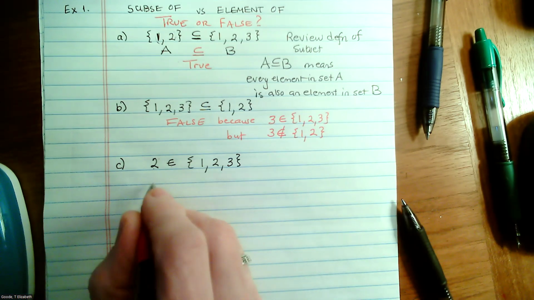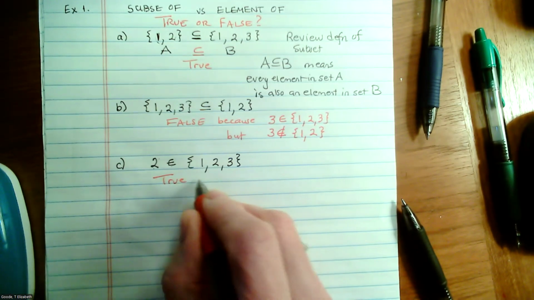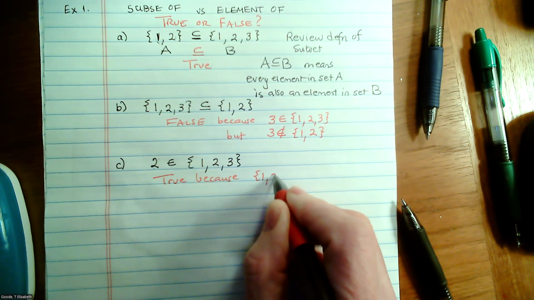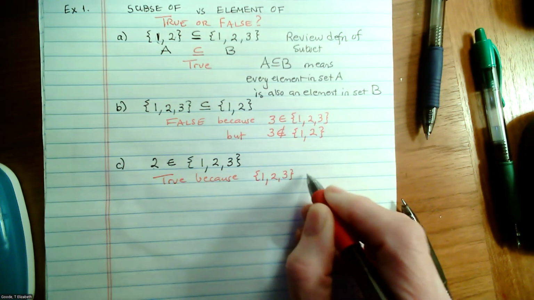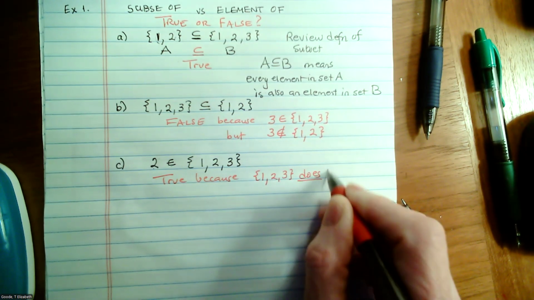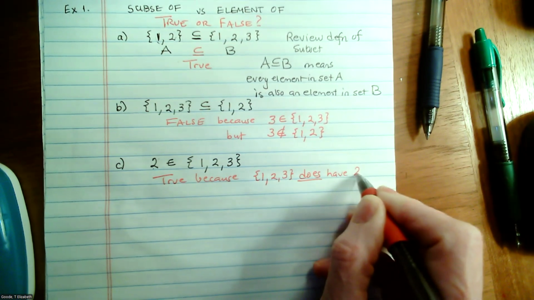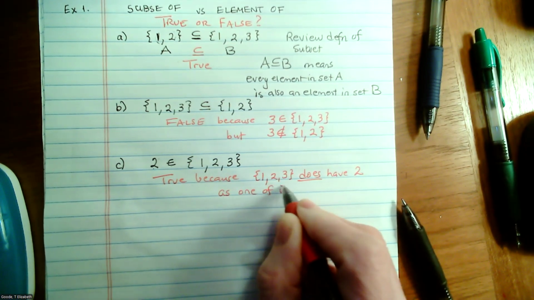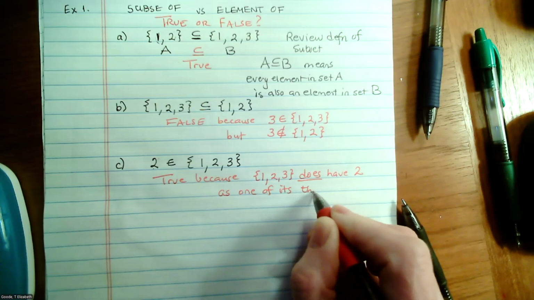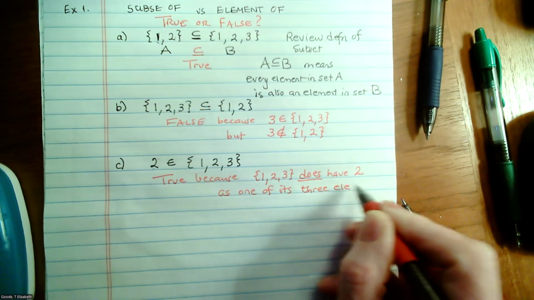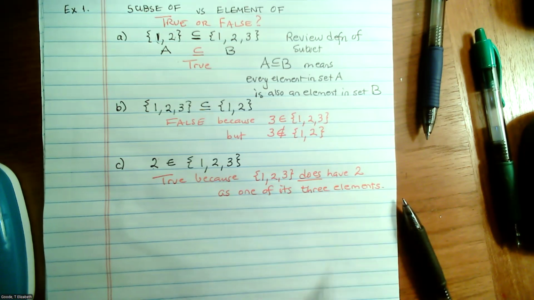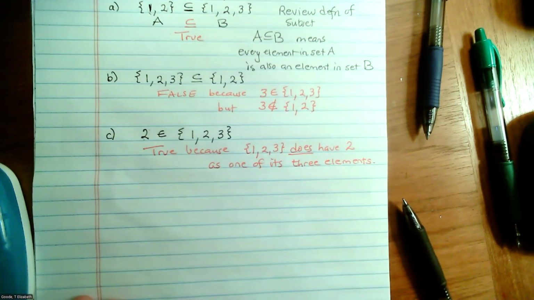Yeah, it's true. Because the set containing 1, 2, and 3 does have 2 as one of its 3 elements. It has 3 elements, and one of them is the number 2. Does that make sense?